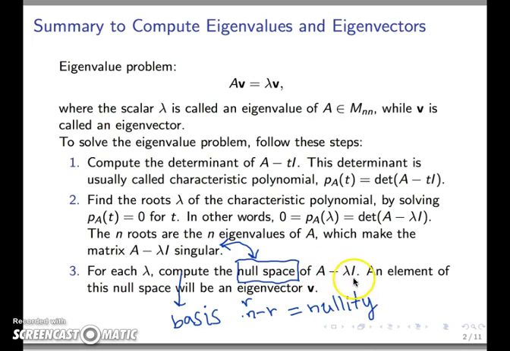So the nullity of A minus lambda I will be given by N minus R, and this is exactly how many elements there will be on the basis that we compute for the null space. And from that basis, then we can build eigenvectors that are associated with the particular lambda value that we're working with.